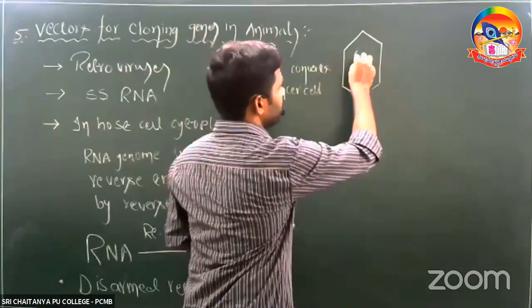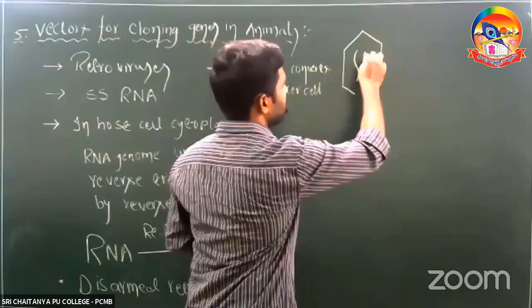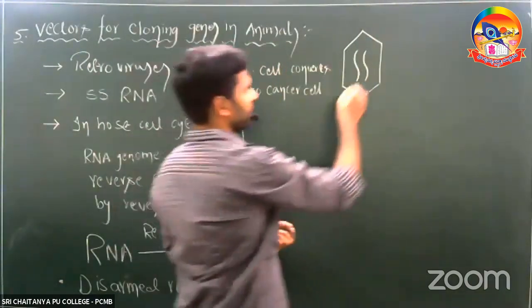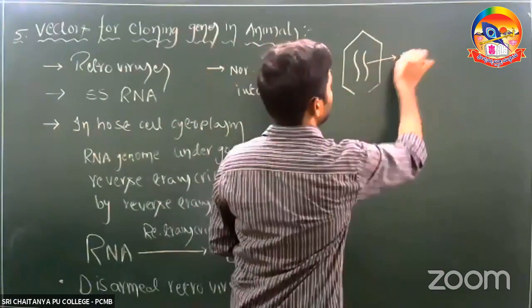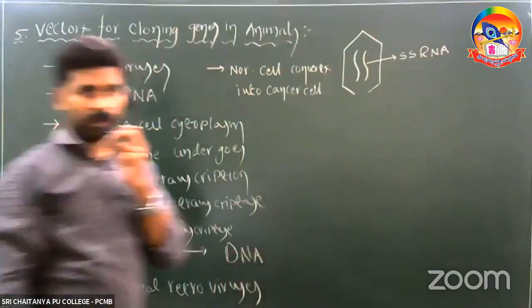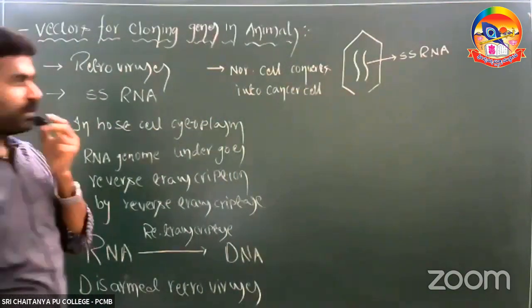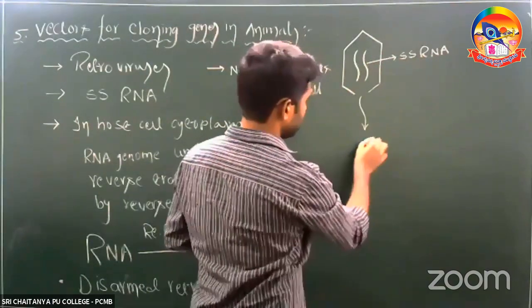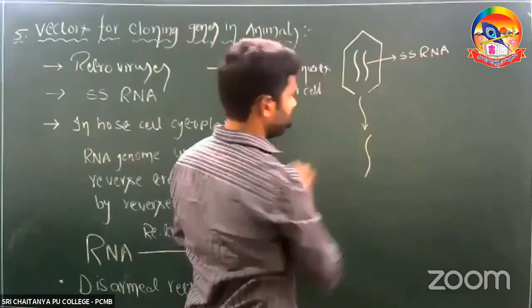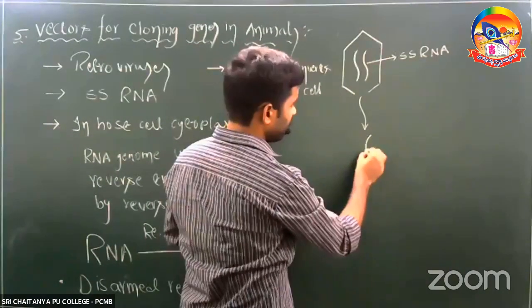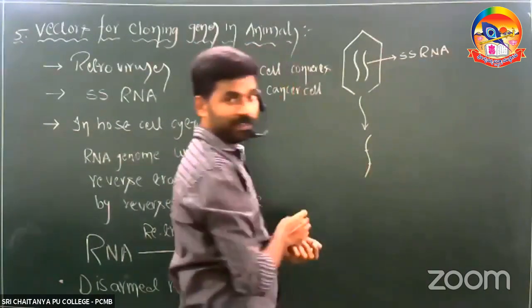So better to take a retrovirus. That retrovirus genetic material is RNA, right? Two single-stranded RNA molecules. So we need to isolate those RNA molecules first, right? So we isolated that RNA molecule. From here to here, imagine this is the disease-causing gene, right?